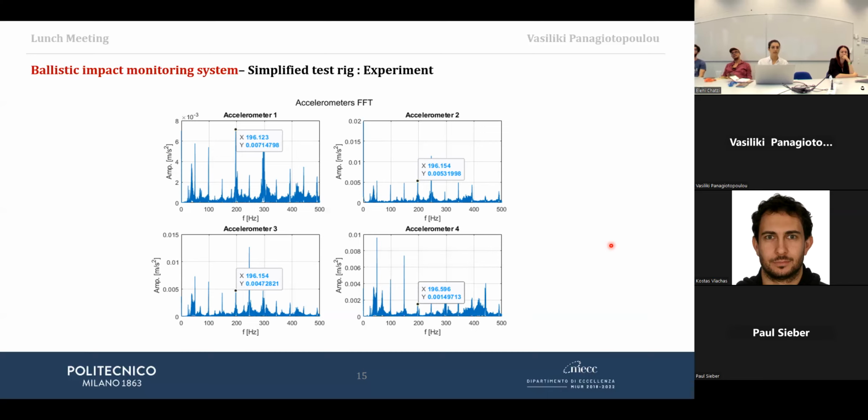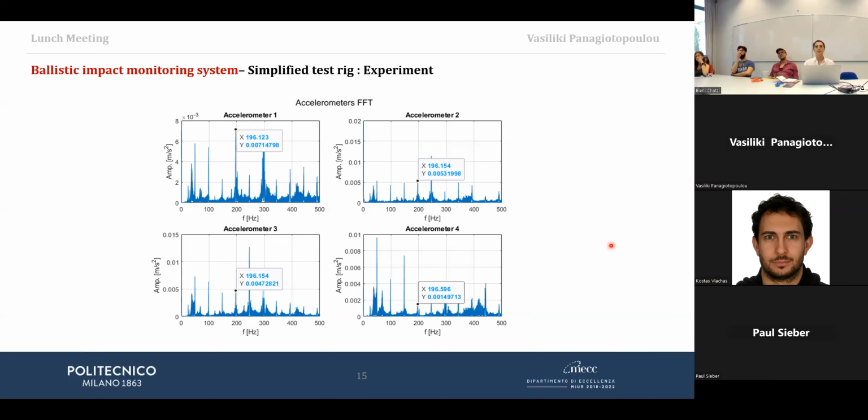And if we substitute the shaft with its damaged version, we expect to see this peak moving towards lower frequencies, but the amplitude becoming higher. It is nice with this experimental setup because we will acquire before, during, and after the ballistic impact occurrence.